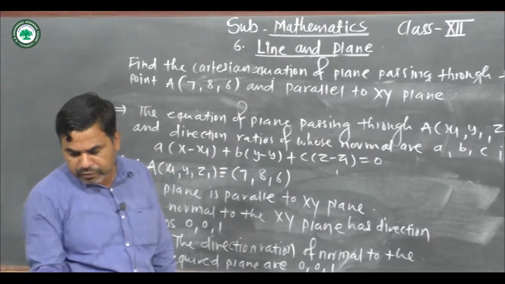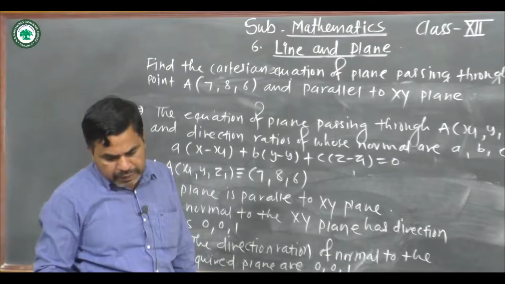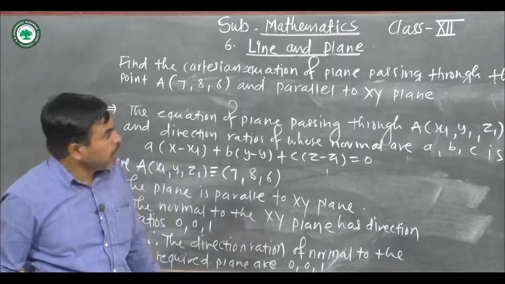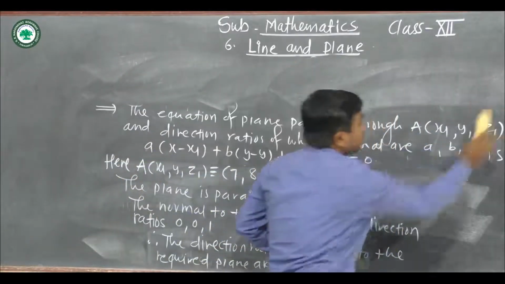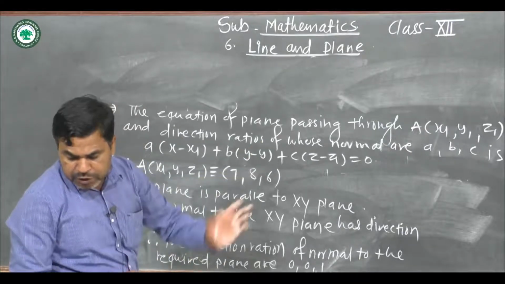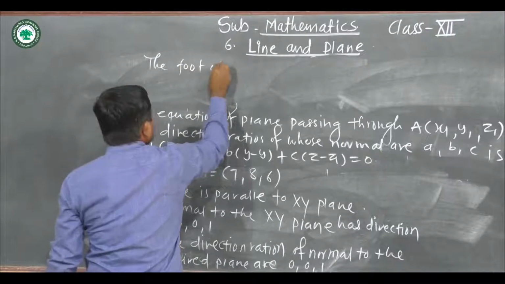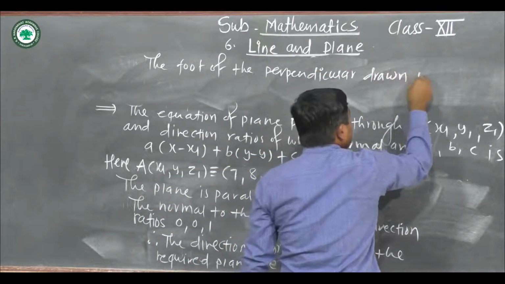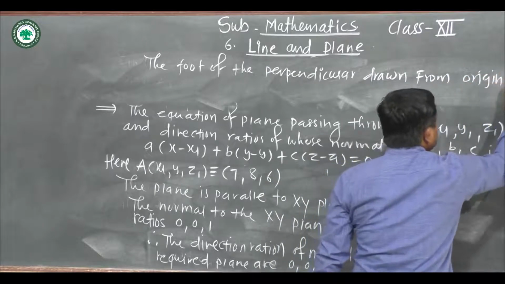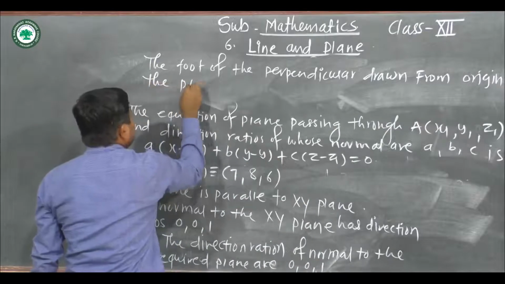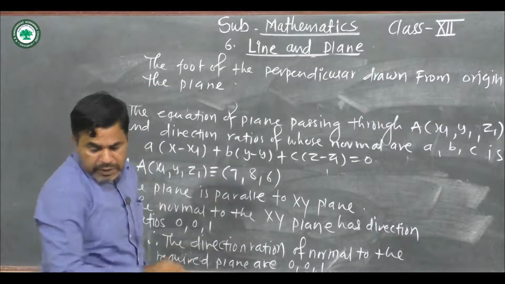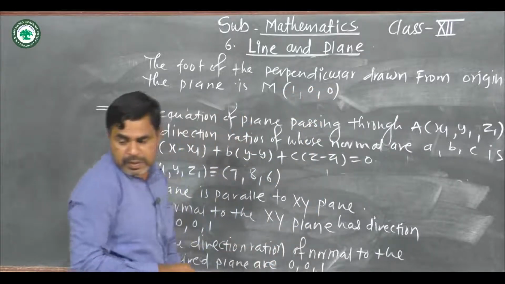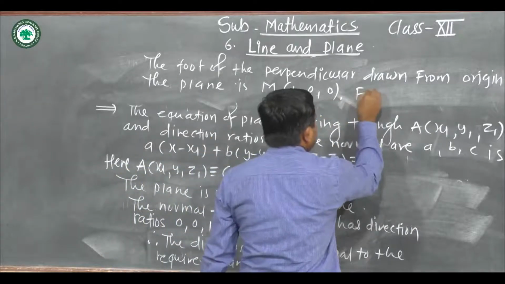Let's see next example. The foot of the perpendicular drawn from origin to the plane is M(1, 0, 0).